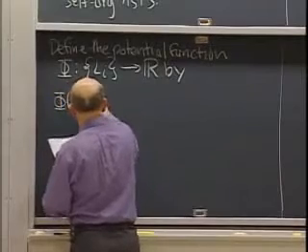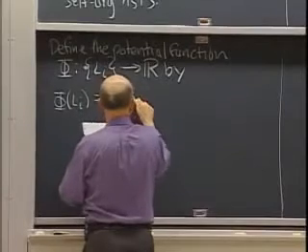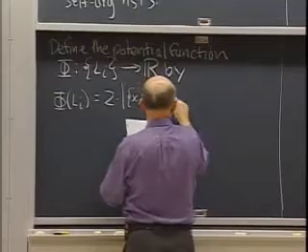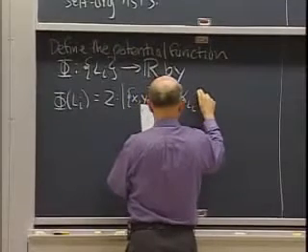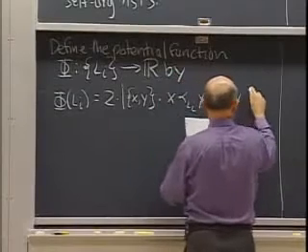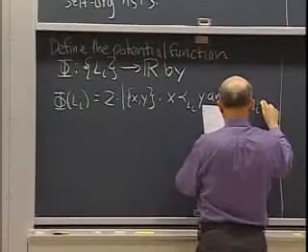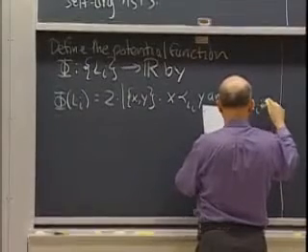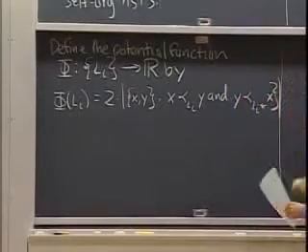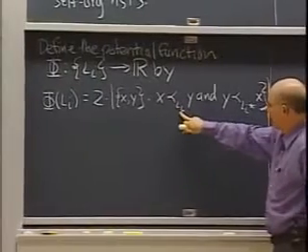Phi of L sub i is going to be twice the cardinality of this set. This is the precedes operation in list i.